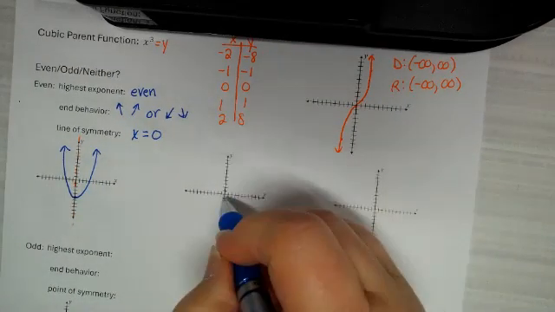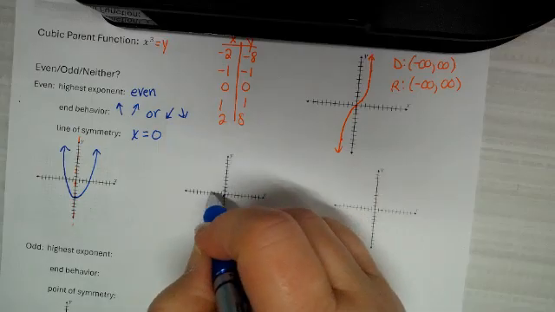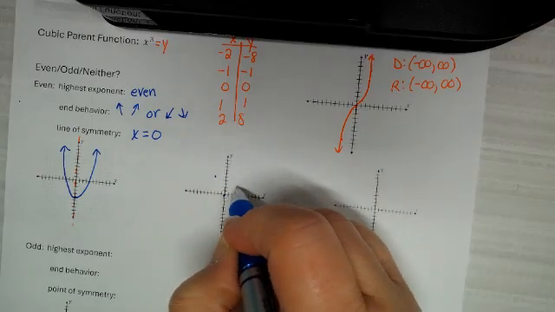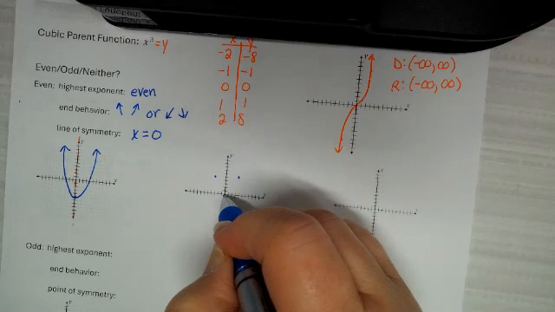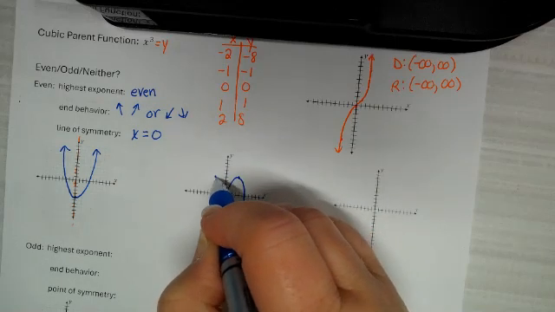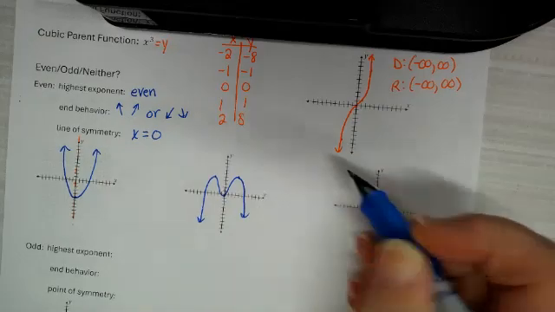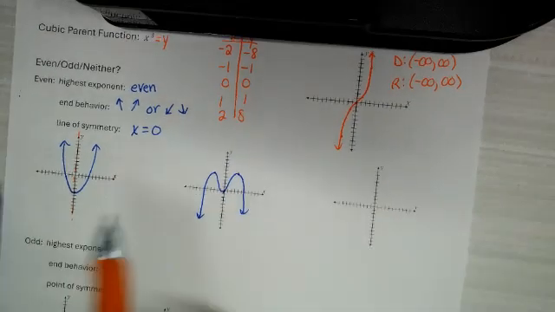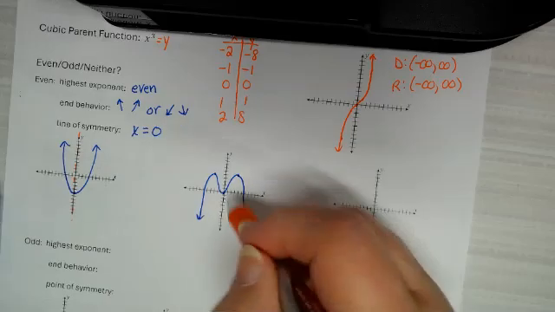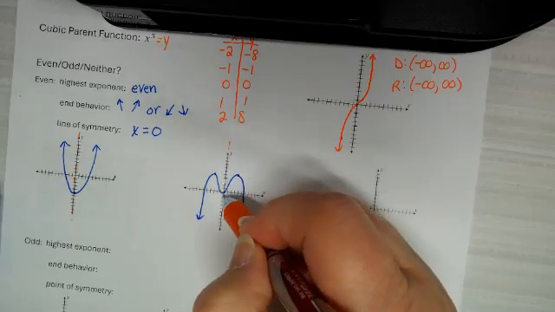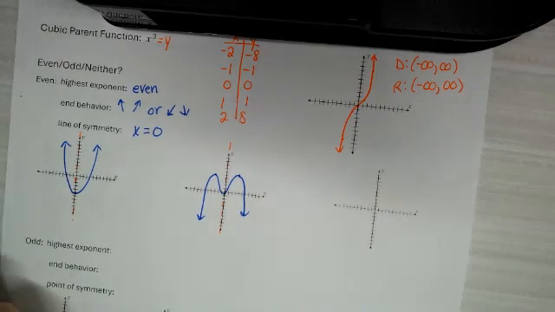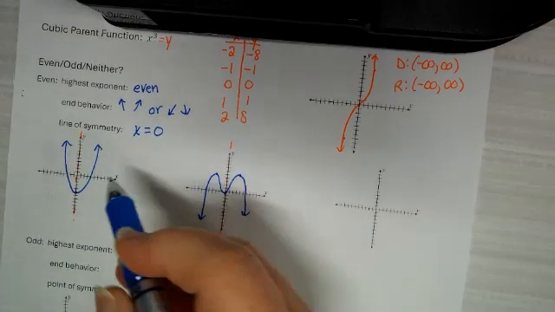We could take this function, and let's say we drew this. So notice both arrows are pointing the same direction, has the same ending behavior, and there's a line of symmetry through x equals 0. So this is also an even function.